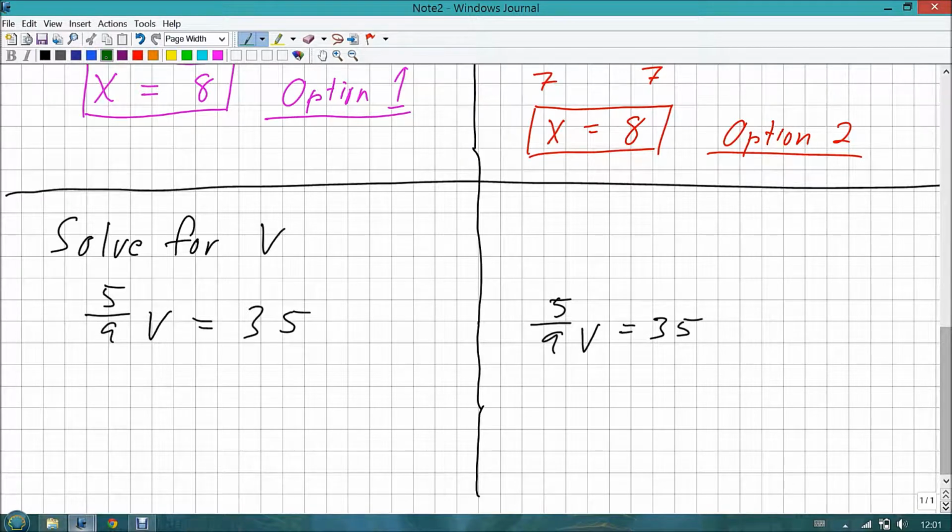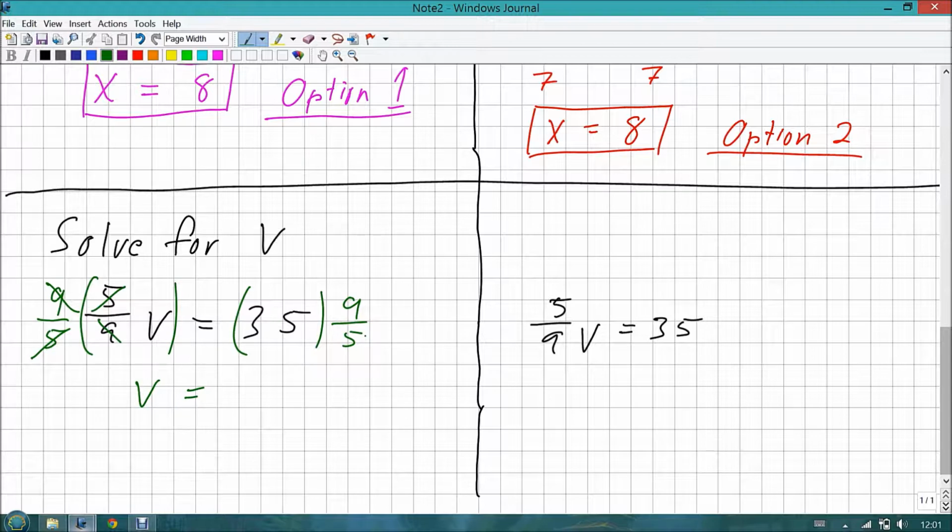If we do option 1, where we multiply both sides by the reciprocal, we would multiply both sides by 9/5. When we do that on the left, 5 cancels with 5, 9 cancels with 9. We're left with just plain old v. On the right, we have 35 times 9/5.